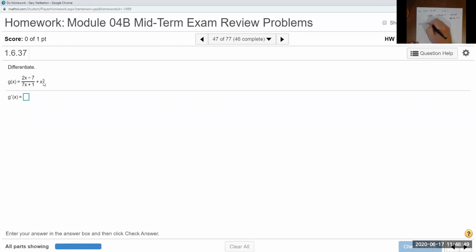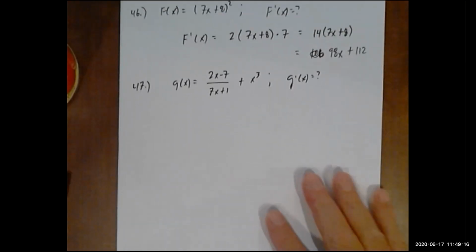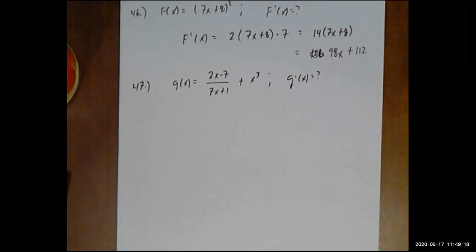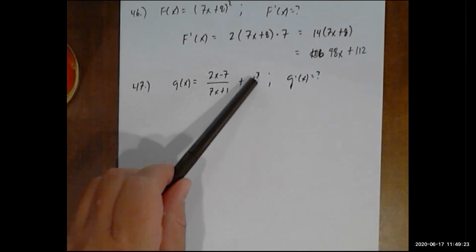So g of x equals 2x minus 7 over 7x plus 1 plus x cubed. And they want us to take the derivative. So like I said, it's really almost like taking two derivatives. Derivative of the fraction, derivative of this x cubed.